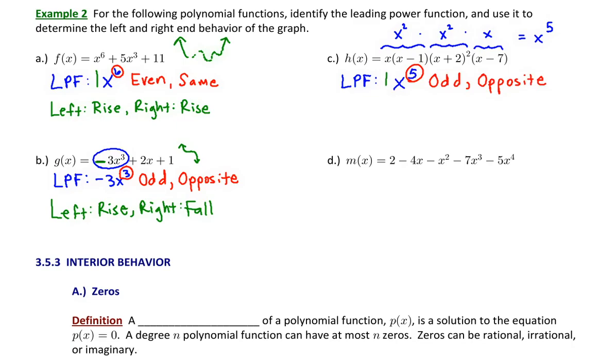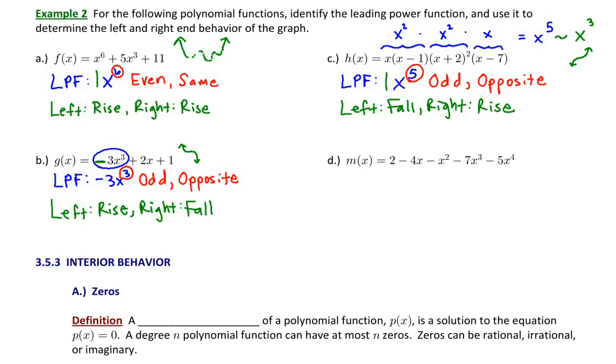Also observe that our leading coefficient is positive 1. So this is going to be very similar to our odd degree power function x cubed. So again, think about the pattern of x cubed. The left side is going to fall, and the right side is going to rise.